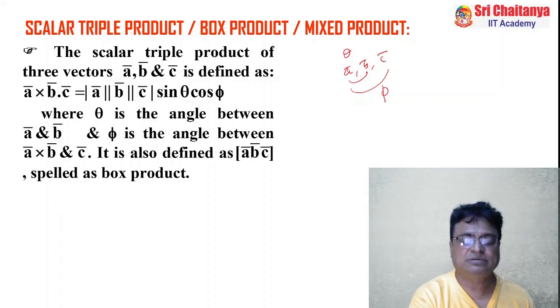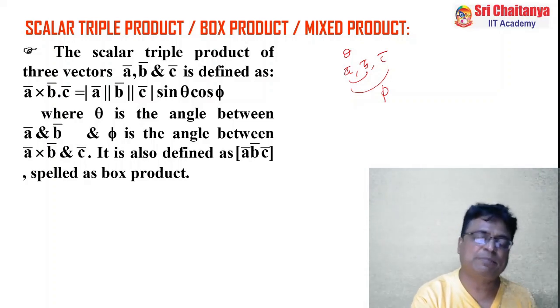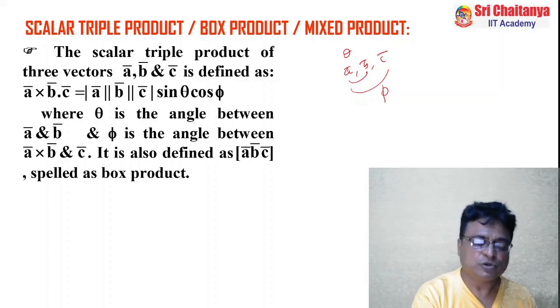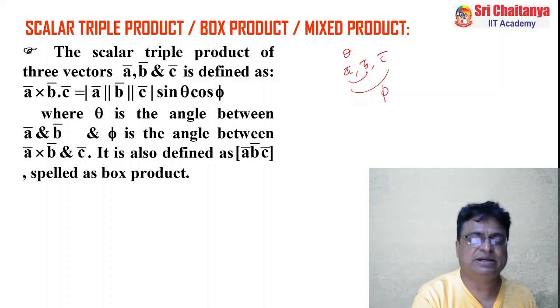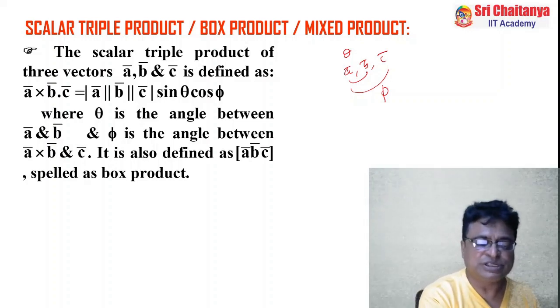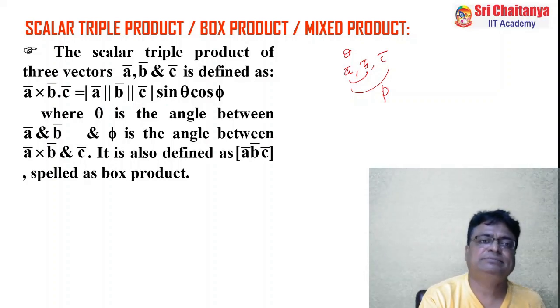Don't read it as A bar cross (B bar dot C bar), because B bar dot C bar is a scalar. Never apply a dot product or cross product between a vector and a scalar. So here 2 vectors matter: one is A bar cross B bar, dotted with C bar. So this is mod A bar, mod B bar, mod C bar, sin theta cos phi.